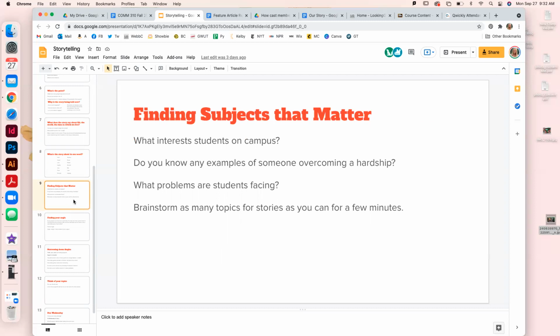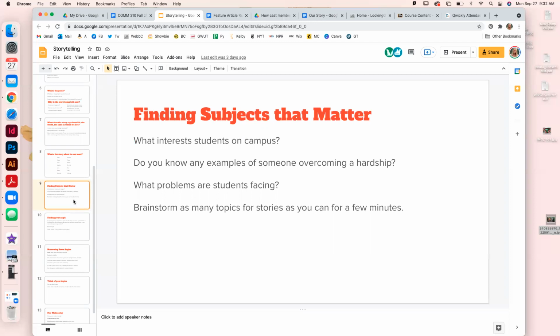Anybody know Gabby, one of the cheerleaders? She's also one of my husband's music students, and she's out for the whole season. So I'd be interested to follow up and see how she recovers from that, and if she's able to cheer again in the future. That wouldn't be one to do right now, but think about people overcoming a hardship like that.